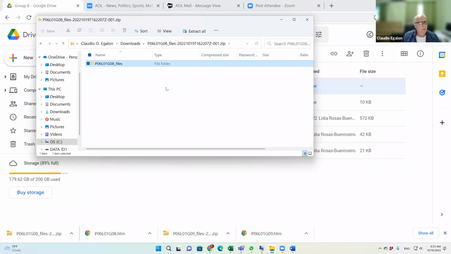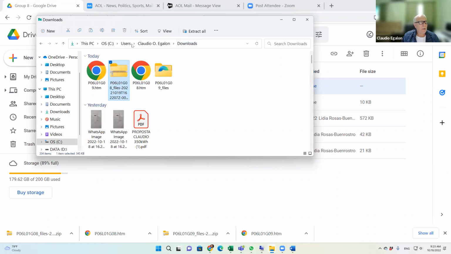Control C. Highlight, Control C. Go outside the zipped folder, into the same folder that you were in, and paste the contents that you copied, right? This item here was originally inside this folder. All I did was paste it. For you to read this HTML file, you must have its corresponding folder in the same folder as the HTML file.